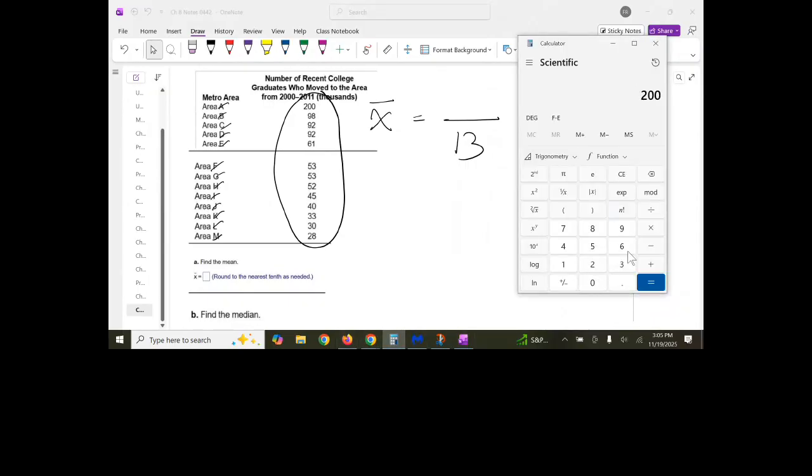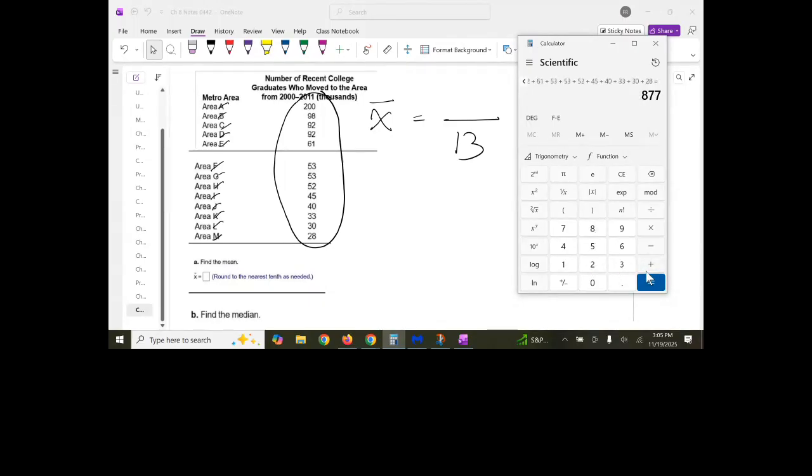All right, 200 plus 98 plus 92 plus 92 again, plus 61 plus 53 plus 53 again, plus 52 plus 45, plus 40, plus 33 plus 30 plus 28.